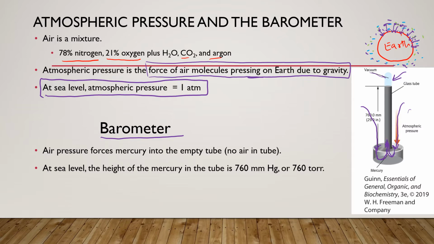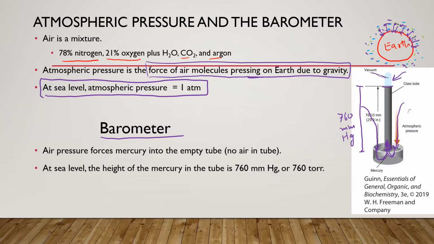The liquid in this case is mercury, and at sea level the pressure is enough to push this liquid all the way up to 760 millimeters. And because it is filled with mercury, we call this 760 millimeters of mercury. Hg is the symbol of mercury. So this is the pressure of one atmosphere.